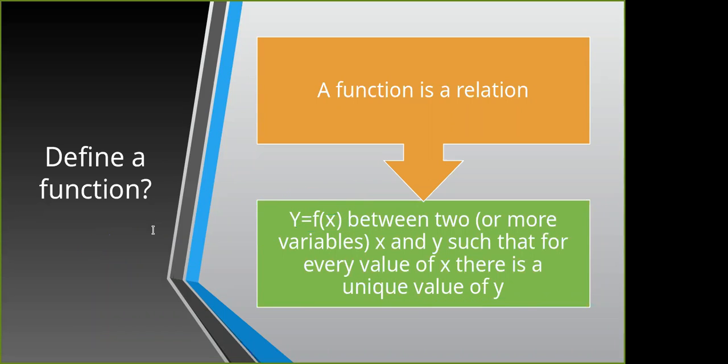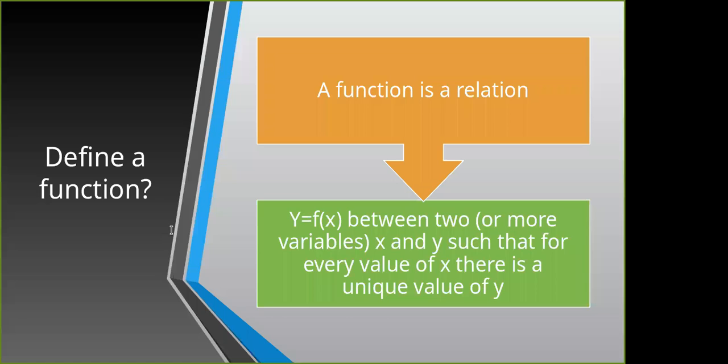If I can just write it, x is rainfall, and say y is agricultural production or output. Let's keep it simple, agricultural output. In that case you can say that output, or y, is a function of rainfall.